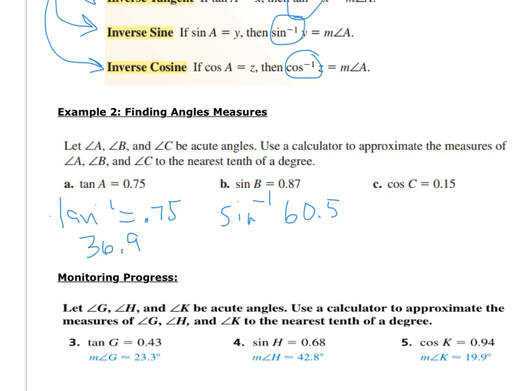So real quick, you do this one right here on your own. Again, remember, you've got to push the second key so that when you push cosine, you're actually pushing cosine negative inverse. And then your 0.15 and enter. And when you have an answer, raise your hand with the sub, check and see if you got it right.